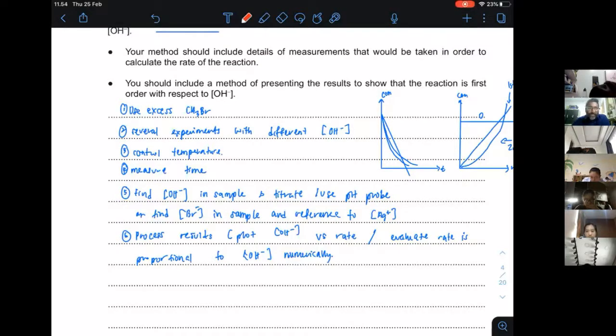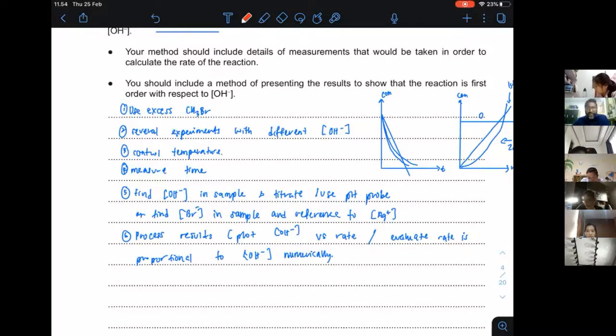Or you can also find the concentration of Br minus by using silver ions. You find the moment the precipitate of AgBr forms, and that gives the concentration of Br minus.